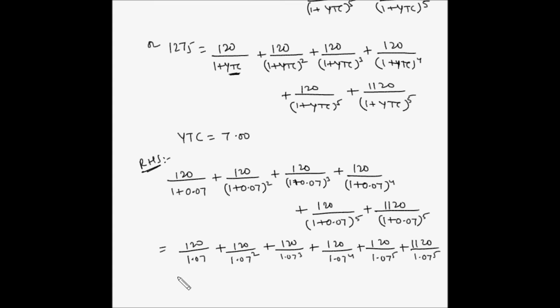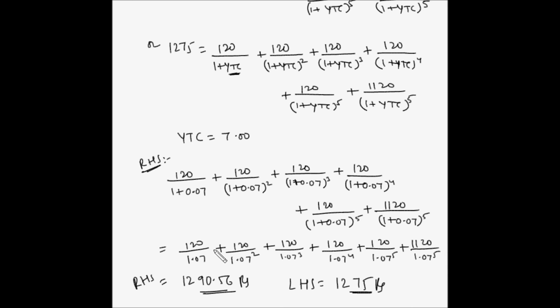So now after calculating this, the value we get for the right hand side is 1290.56 rupees. But the left hand side is equal to 1275 rupees. So these two are not equal, and the right hand side is more than the left hand side. So we need to reduce the right hand side.